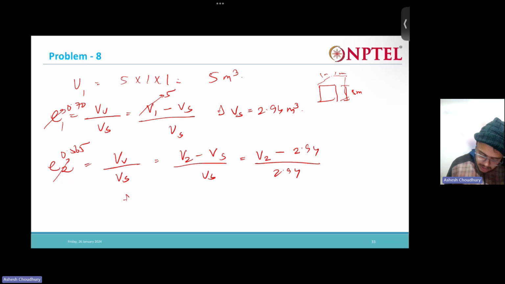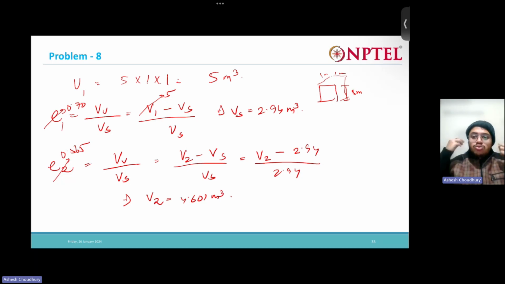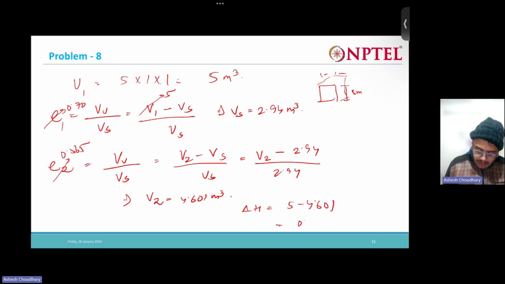We will get V2 as 4.601 meter cube. So the volume, initially 5 meter cube, has reduced after densification to 4.601 meter cube. So we can say the height change is nothing but 5 minus 4.601, approximately 0.4 meters.